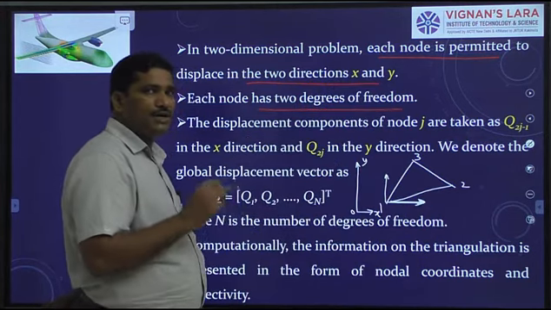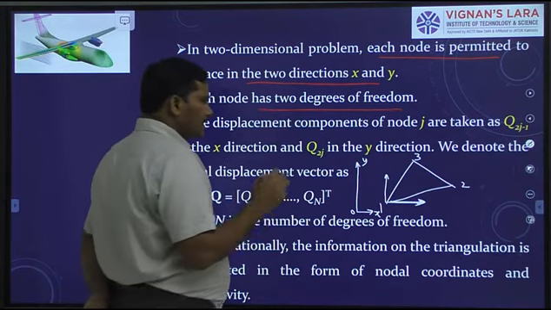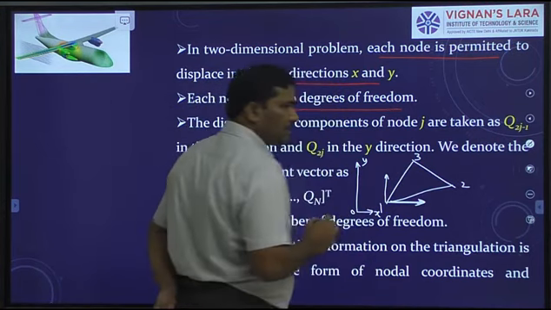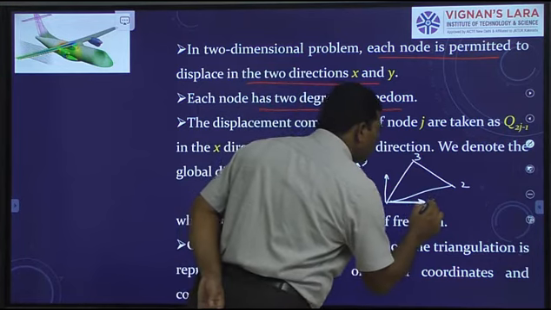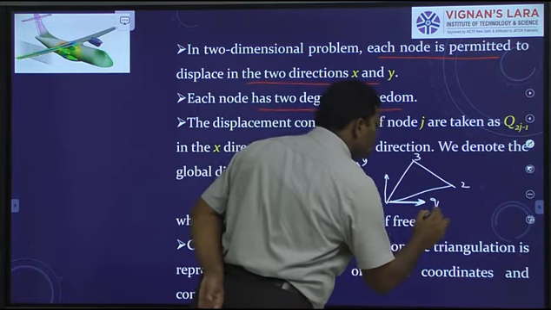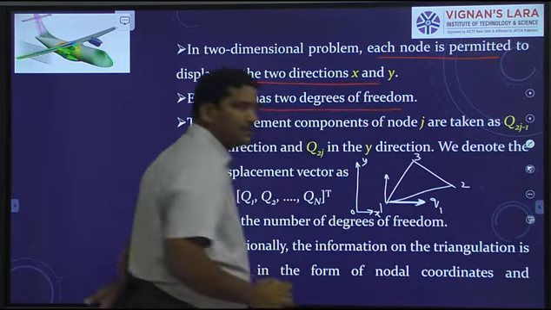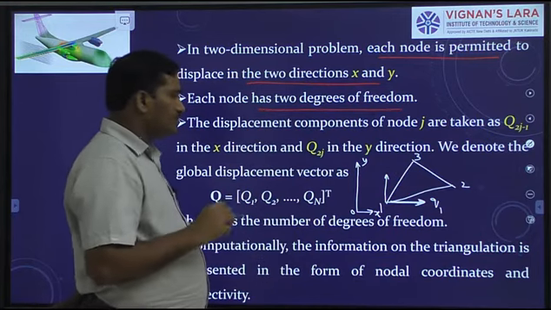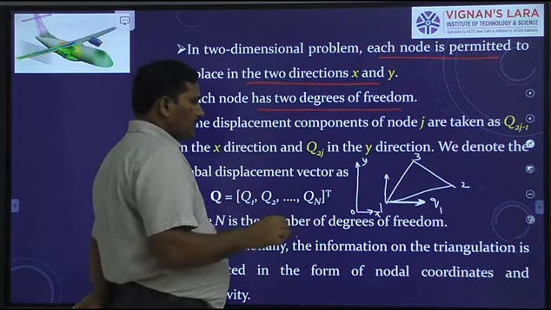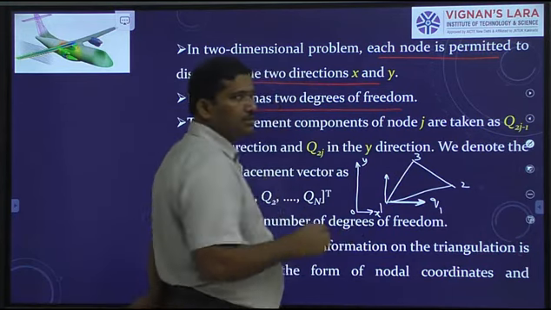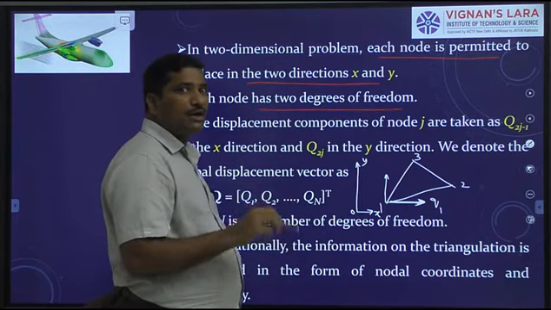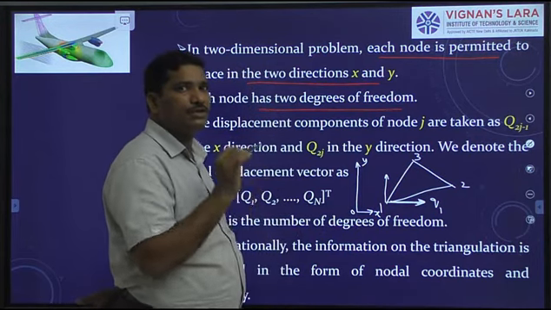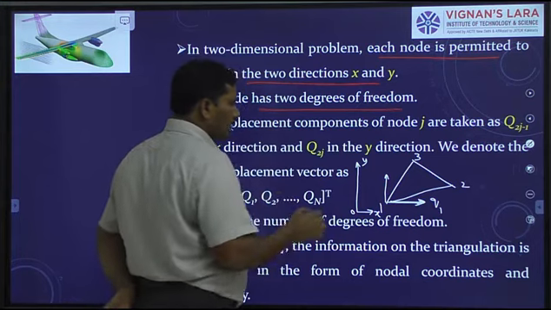As I said, for denoting the displacements of the node, I use small letter q with corresponding subscript, say 1. Whereas, when you want to denote the nodal displacements of the domain, you have to use capital Q. This is our convention.